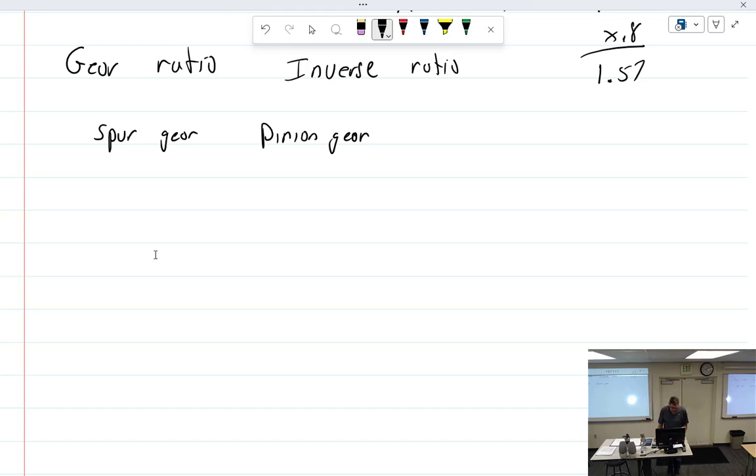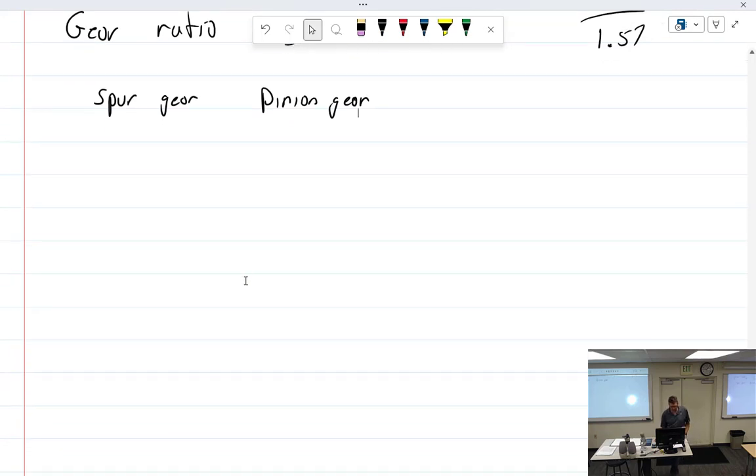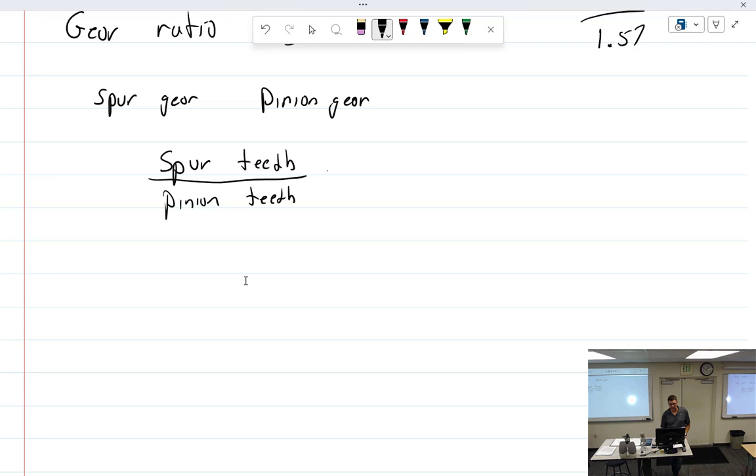All right, so let's see. We use the same formula, but invert one side. So it would be spur teeth over pinion teeth equals pinion speed over spur speed.